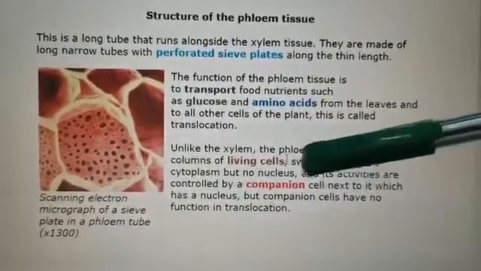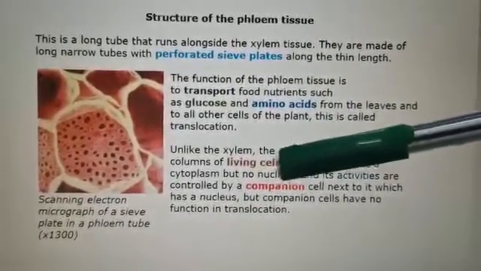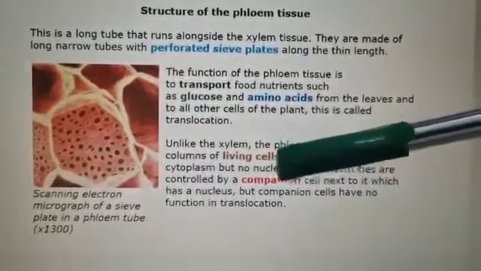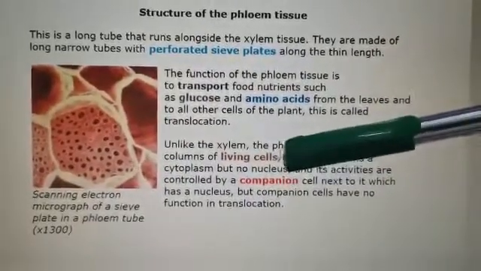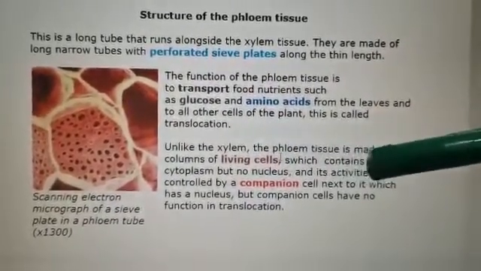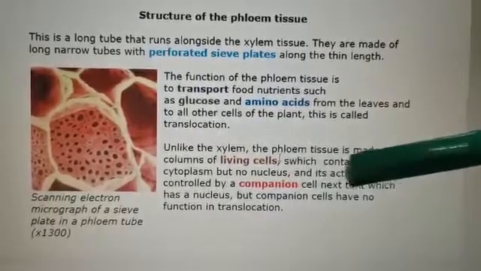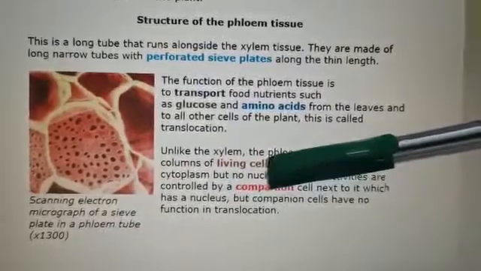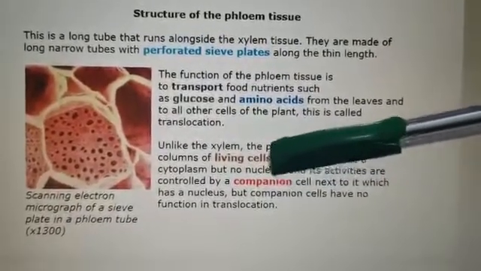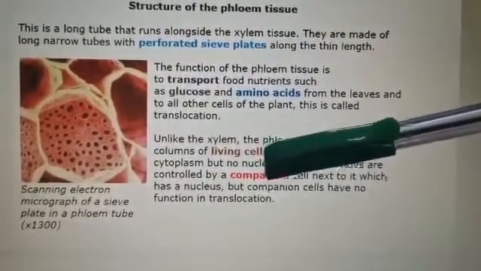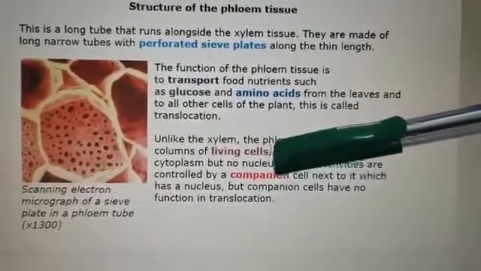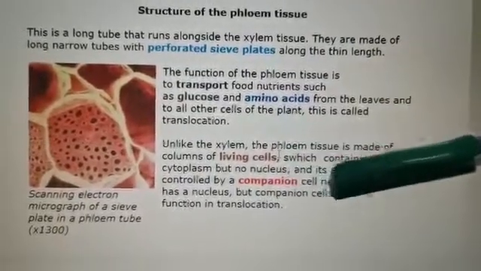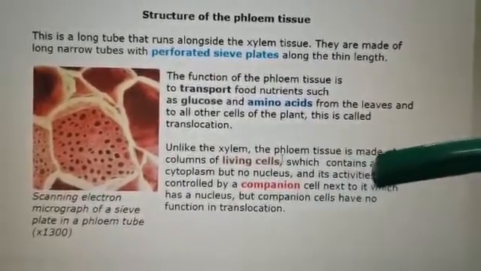They are made up of living cells, not dead cells. These living cells have cytoplasm but no nucleus. You already learned that the nucleus is the control unit of the cell, right? So even though they are living cells, they don't have a nucleus. Who is controlling all the activities in that cell?